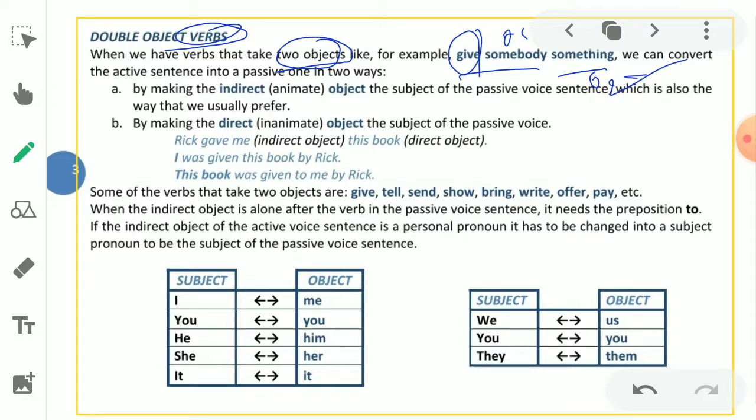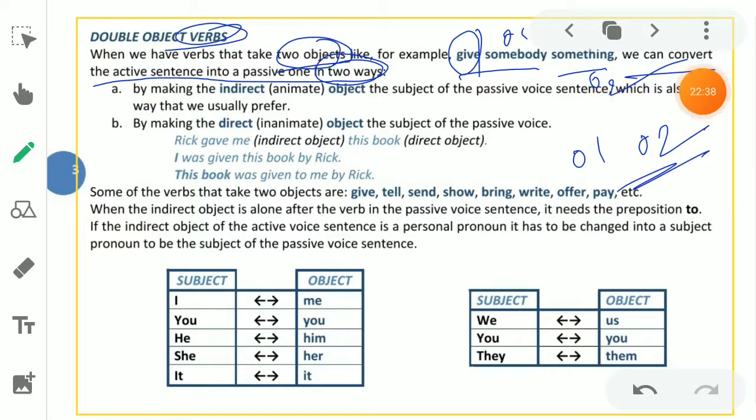We can convert the active sentence into passive in two ways. If there is object 1, object 2, we have to write in two ways.